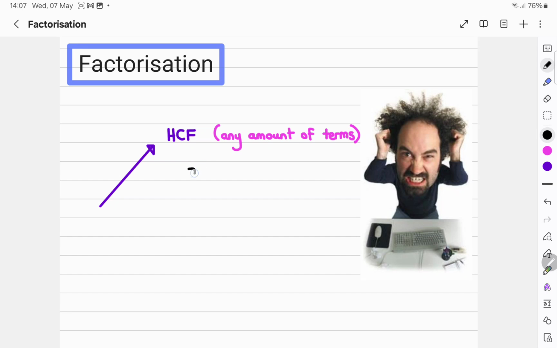Let's write an example, like if I've got 2x squared y plus 4x to the power 3y, and I say to you, factorize the following. You first start with the number. Always remember, we never, ever start off with a negative. So if there's a negative, not in the middle, but in the front of your expression, first take out a negative.